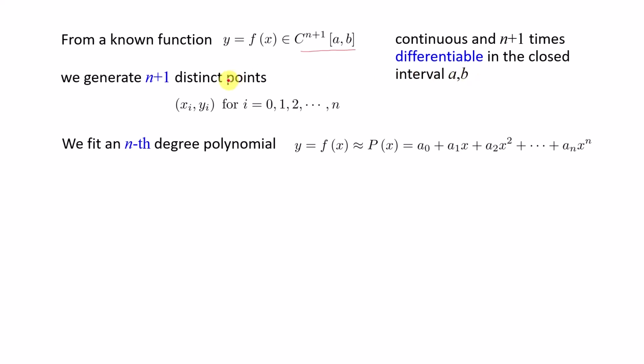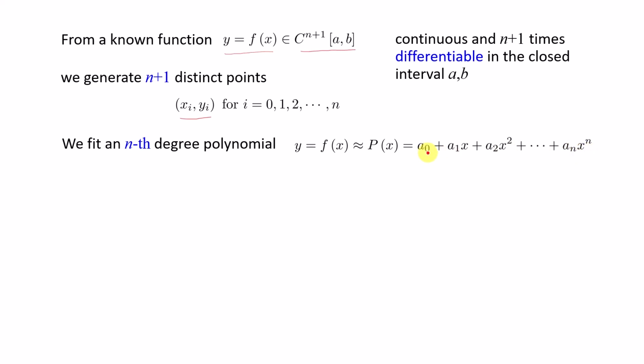Now, for given xi, i goes 0 to n, I find this yi from this function, and that way I generate n plus 1 points (xi, yi), which will fall exactly over this function. Now I can use these n plus 1 points to fit an nth degree polynomial, given by a0 plus a1 x plus a2 x squared, and so on, all the way up to an x to the power n.